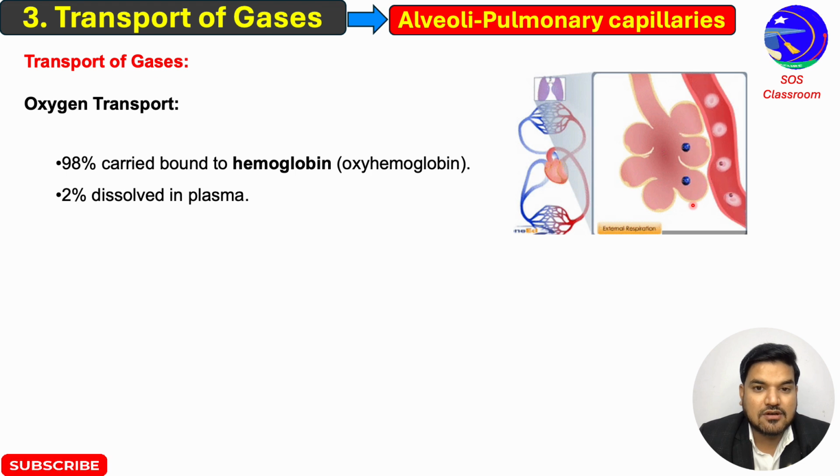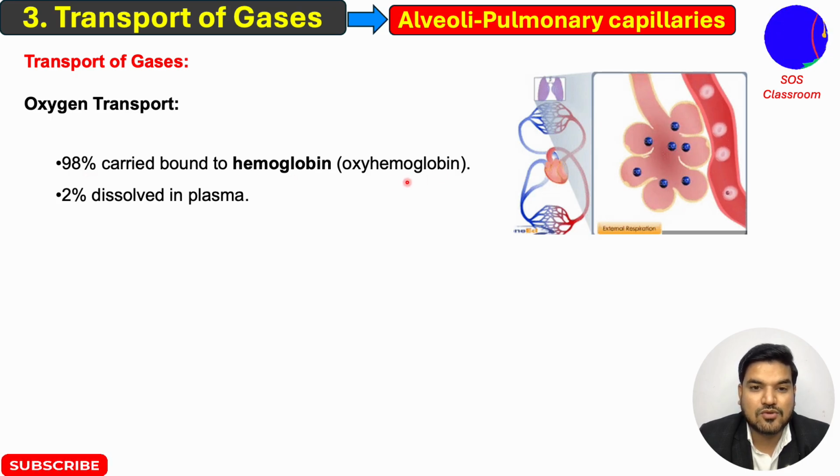There is 100% oxygen in the alveoli, and upon transfer into the pulmonary capillaries, 98% is carried and bound with the hemoglobin. One hemoglobin molecule carries 4 oxygen molecules.